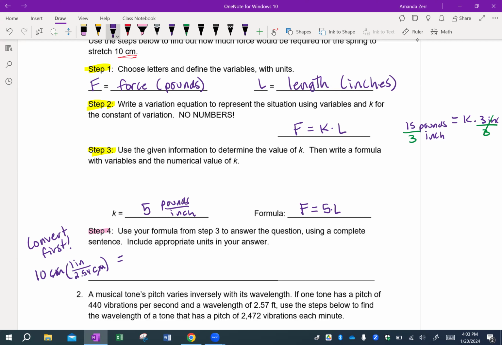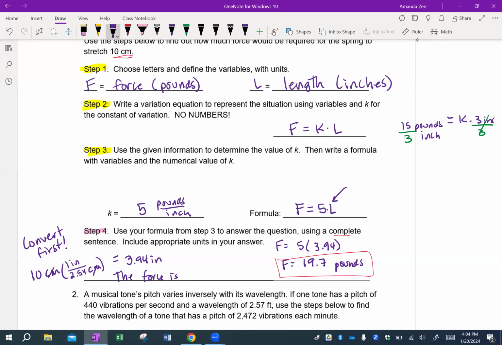And that is 19.7 pounds. And we needed a complete sentence. So the force is 19.7 pounds. Good.